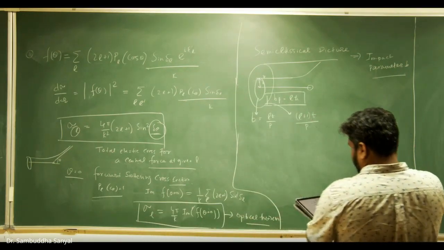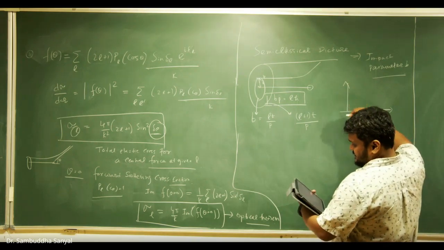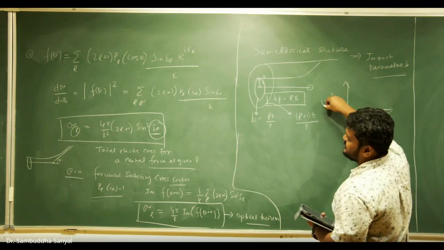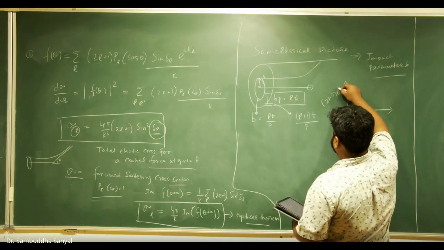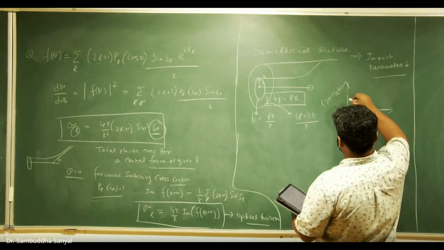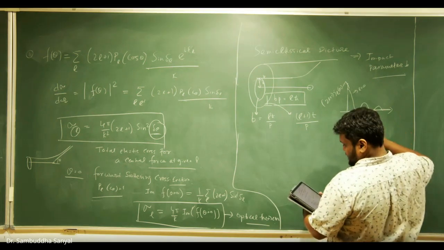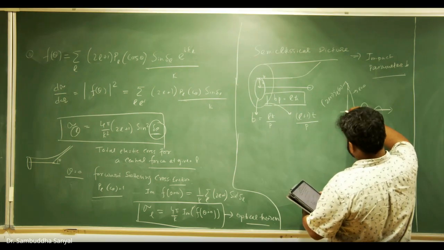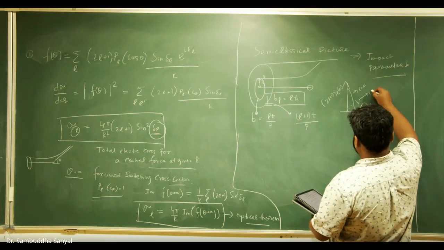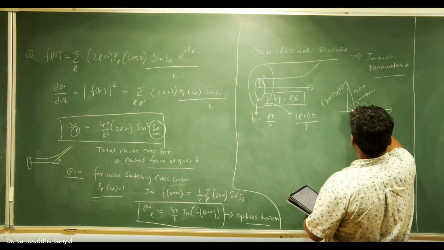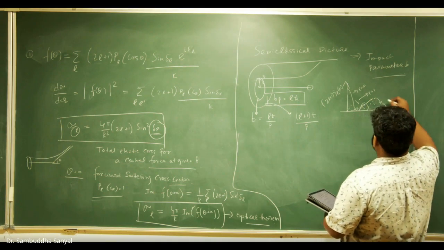And this is not entirely a dimensional matching, because if you plot this factor, 2L plus 1 times j_L(kr), this thing is basically like this for L equal to 0, like this for L equal to 1, and similarly something like this for L equal to 2.